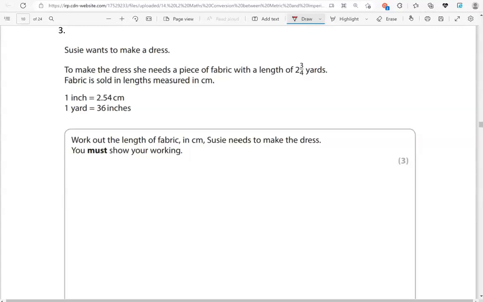So we'll convert from yards to inches and then into centimeters. So we've got 2 3/4, which is 2.75 yards. So 1 yard is equal to 36 inches.